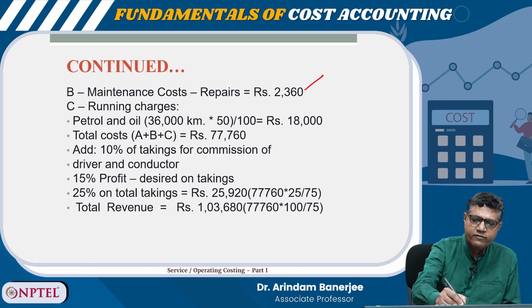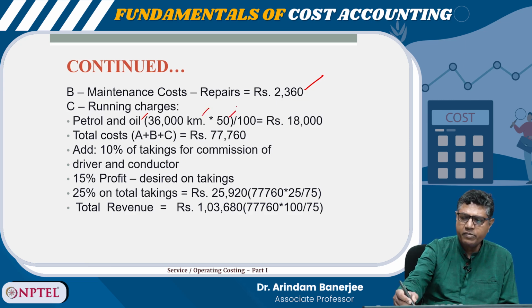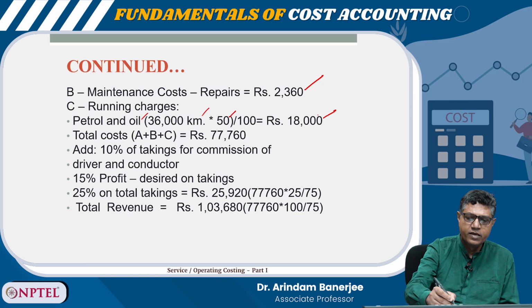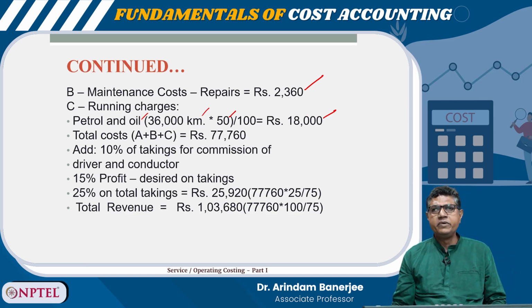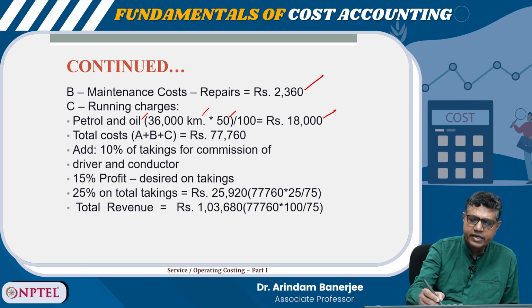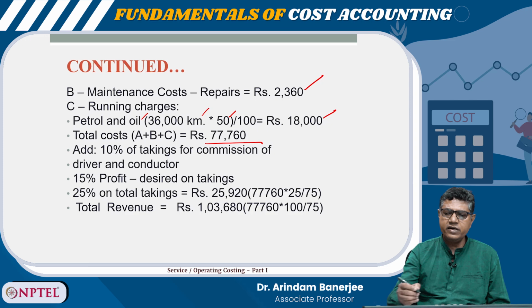So, petrol and oil, for example, 36,000 kilometers into 50 by 100, it is 18,000. Total cost, if I add A, B and C, where A is the standing cost, B maintenance and C running charges, then I am getting the cost 77,760.